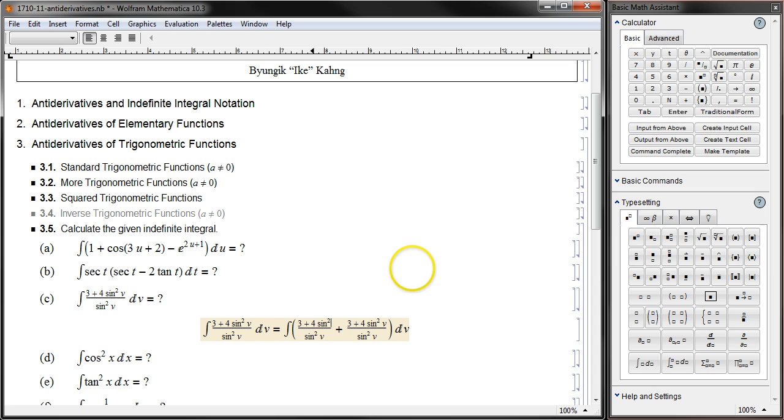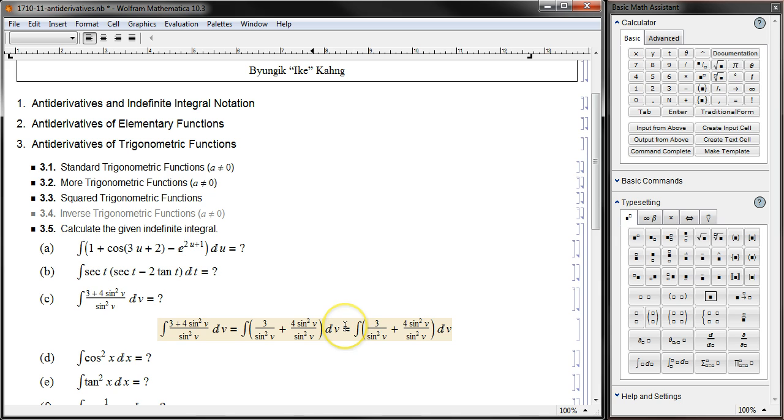We separated the numerators and then simplified each, right? Okay, how do we simplify? 3 over sine squared.